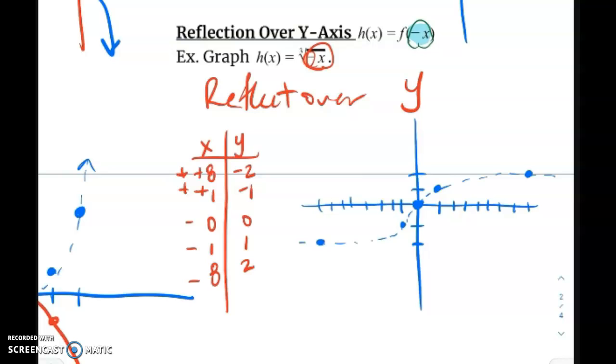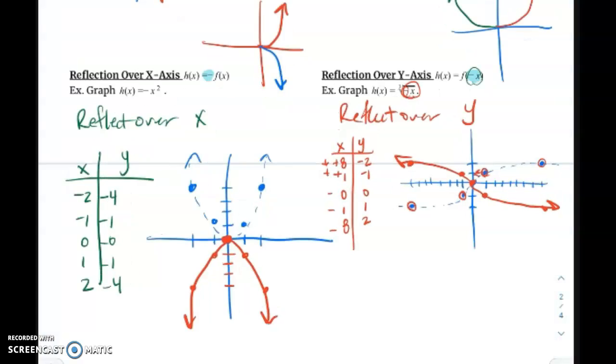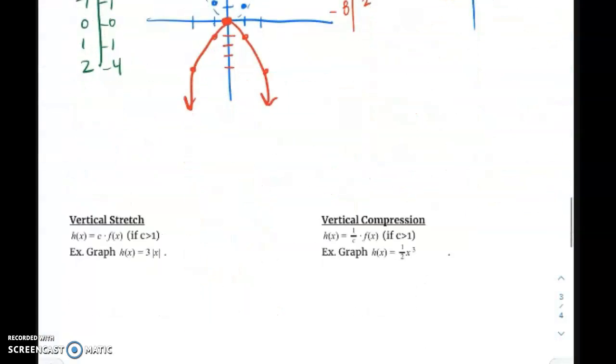So we've got 0, 0, and then this point is going to reflect over here to that. This point is going to reflect over here. This point is going to reflect here, and then this point is going to reflect there. You're just doing the opposite over the y-axis. Okay, so those are what your graphs would look like for those.